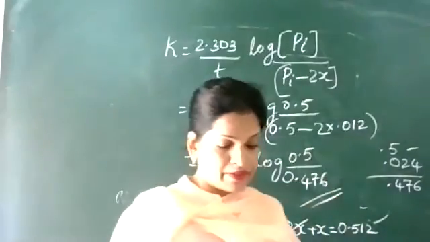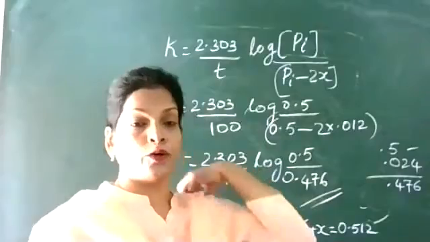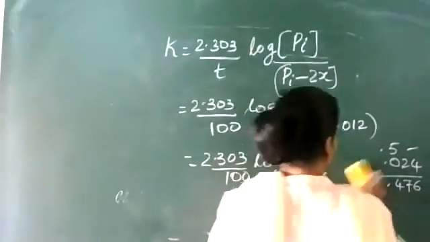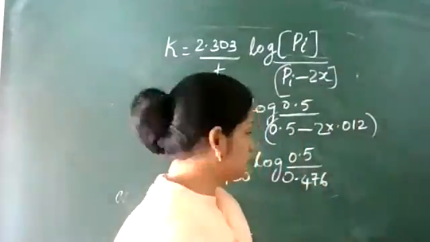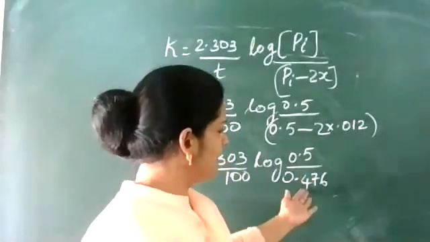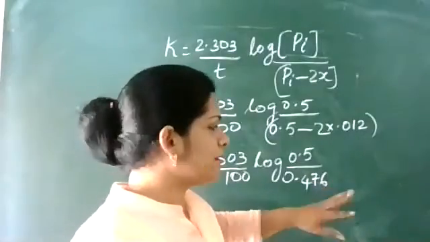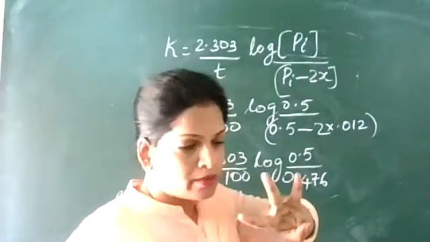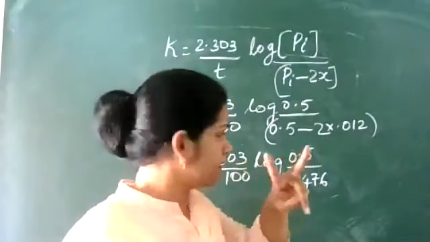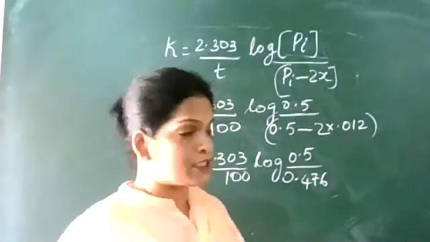The answer I am giving is 4.9 into 10 to the power minus 4 per second, which is equal to, you can take it as 500 divided by 476. Then 500 means a 3-digit number, so 2 is the characteristic, and the mantissa you have to take from the logarithm table.